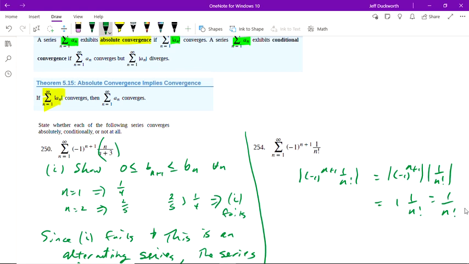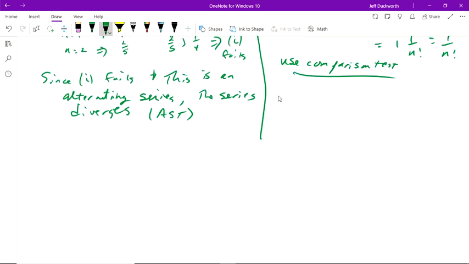So let's evaluate this one. Let's use a comparison test. Let's compare to the sum of 1 over n squared.